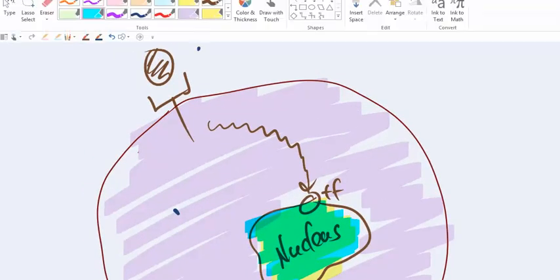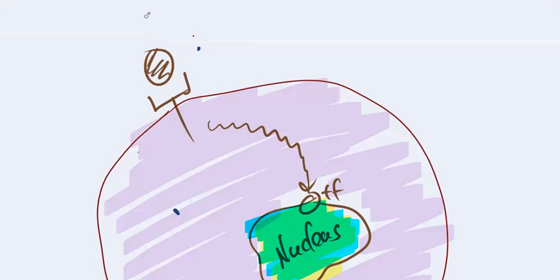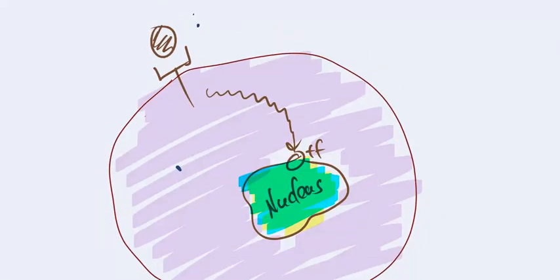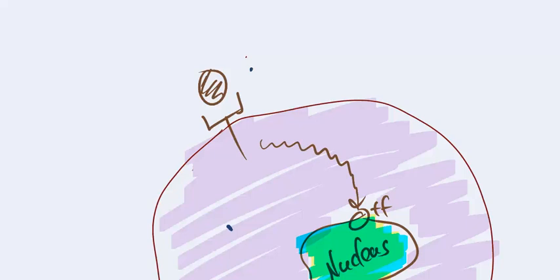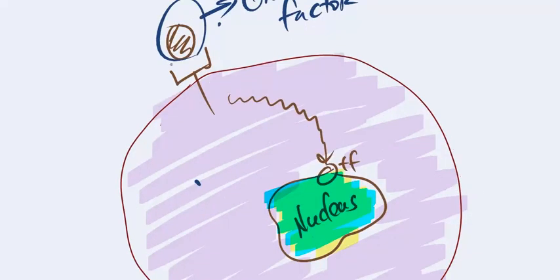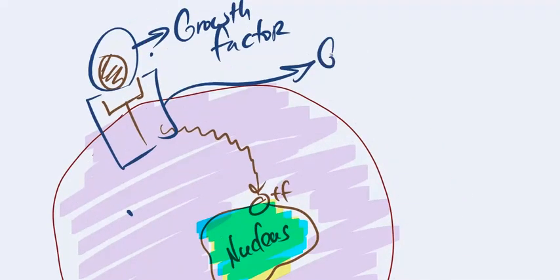Okay, so for your proto-oncogenes, they're going to correlate with this little pathway that I have drawn here. This would be representative of a growth factor. This will be representative of your growth factor receptor.